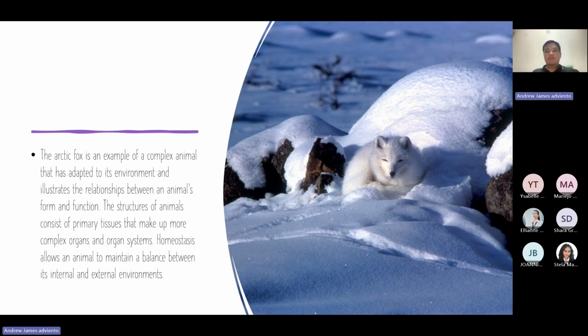Anyone? MJ, what do you think? How can we say that Arctic fox adapted to its environment? MJ?